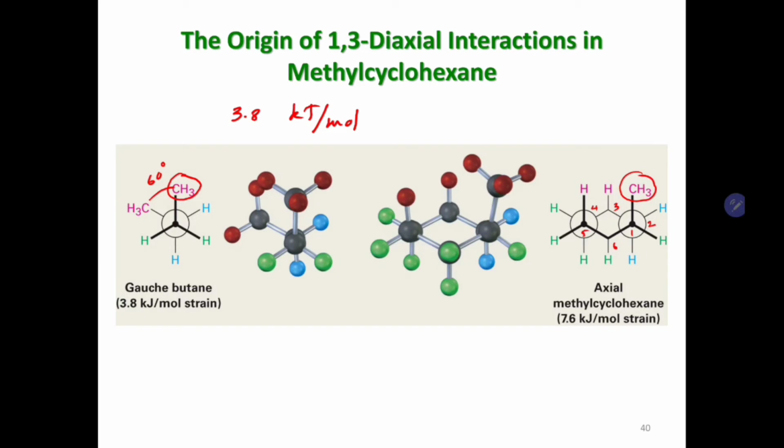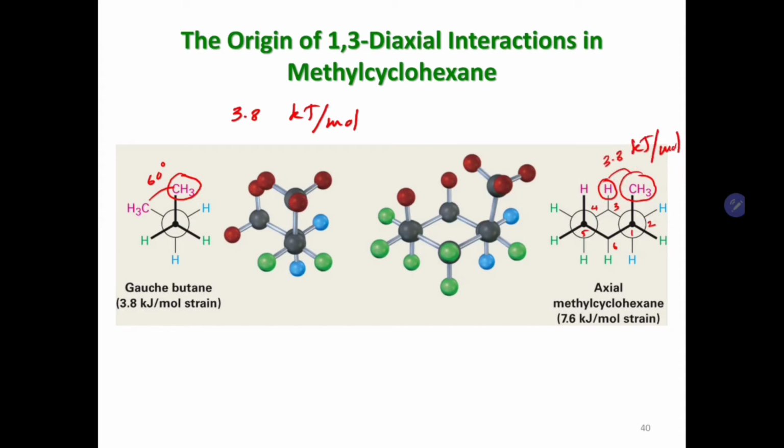And then you also have another second CH3 group right here, which is causing the gauche interaction, and that CH3 group is actually a CH2 here. I mean, this is a CH2 group which is basically identical to the CH3 group interactions. So this CH3 and this hydrogen on the number 3 carbon will have gauche interactions, which is worth 3.8 kilojoules per mole. So the gauche interaction between this hydrogen and the CH3 group is 3.8 kilojoules per mole.